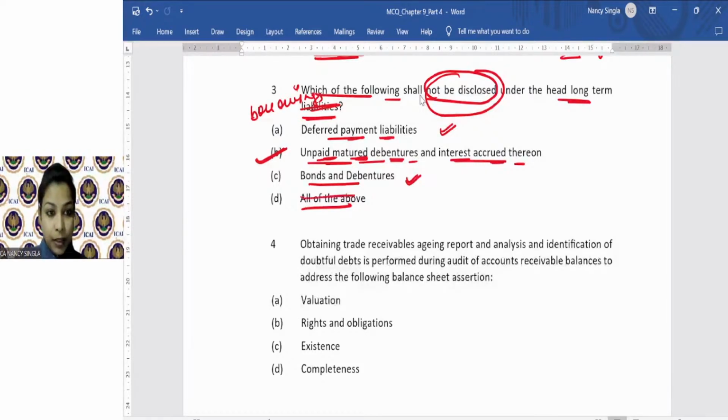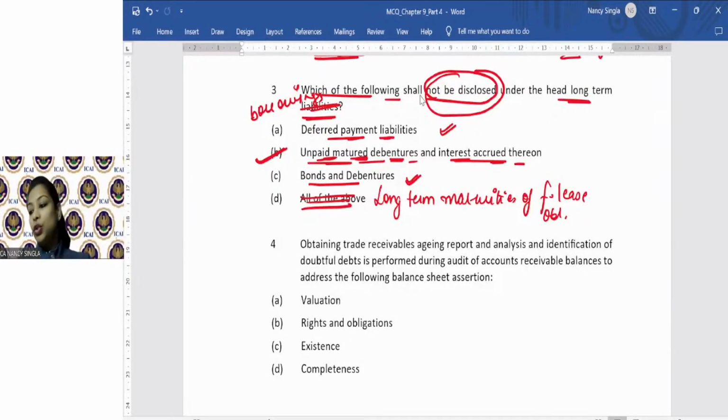So change it with long-term maturities of finance lease obligations, okay. So the answer is what? Unpaid matured debentures and interest accrued thereon.